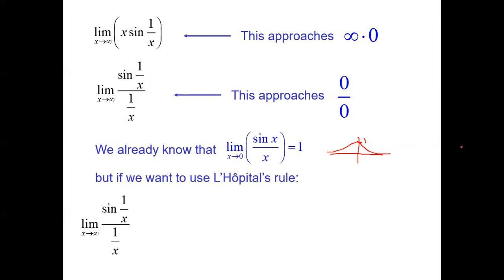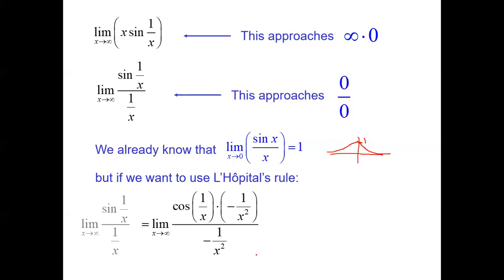So if I have the limit as x approaches infinity here, that was 0 over 0, so I have to do a derivative of the numerator and the derivative of the denominator. Notice up in the numerator, there is a chain rule. So derivative of sine of u is cosine of u du.